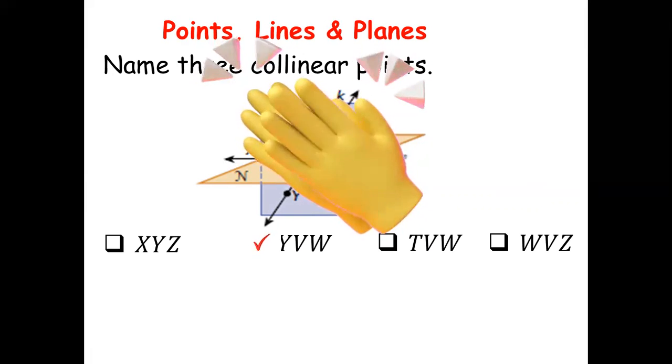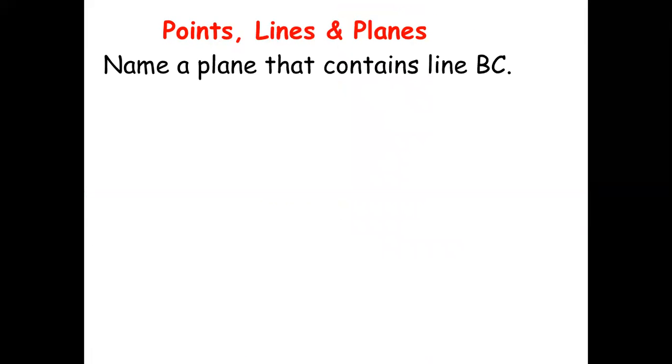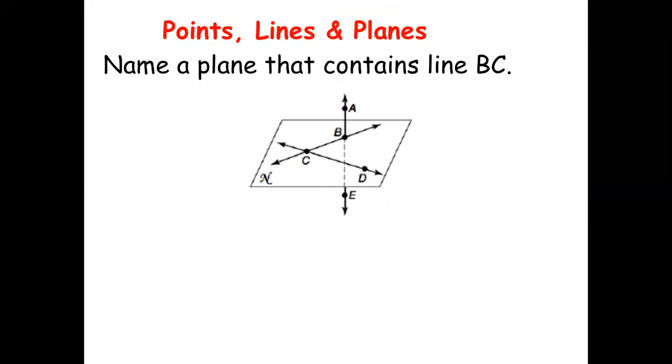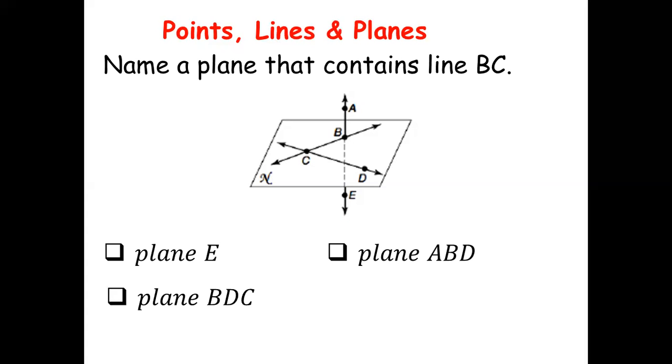So let's go to the next question. Question coming up in 3, 2, 1. And the next question for you is, name a plane that contains line BC. Name a plane that contains line BC. And the figure for you is this. The options for you are plane E, plane ABD, plane BDC, or plane CD.